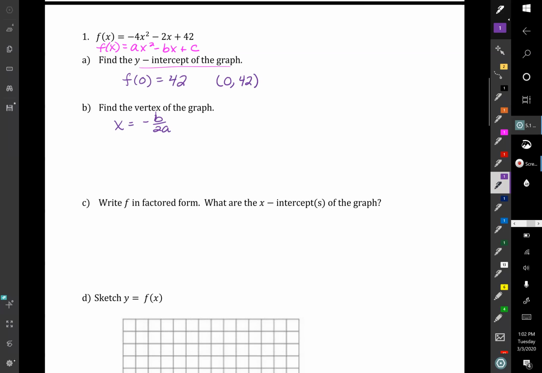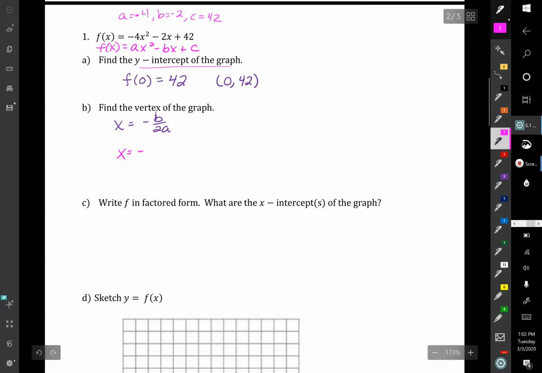So I'm going to plug in the values. I would get x equals negative, and then my b is actually negative 2. So b equals negative 2, c is 42, a is negative 4.